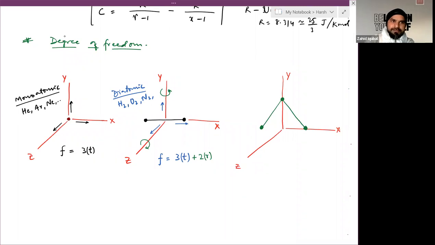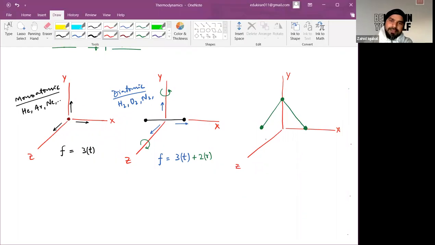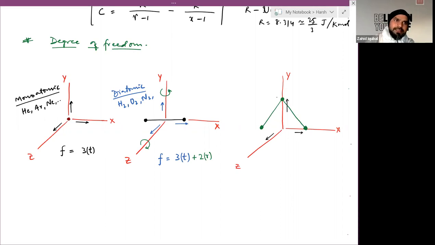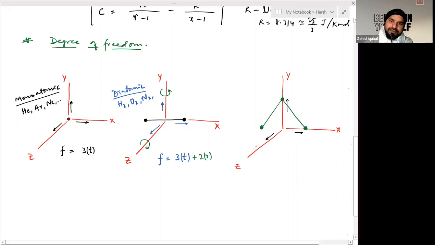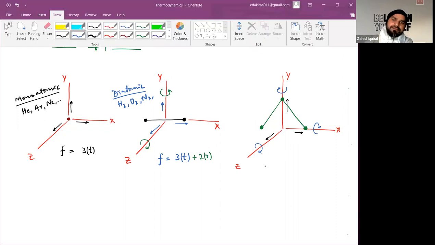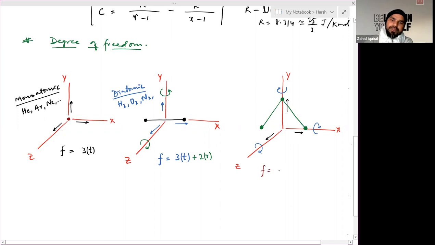So this particle will have translational motion along these 3 different coordinate axes, and also a rotational motion along this axis, as well as along this axis. So the total degrees of freedom here is 3 translational and 3 rotational.